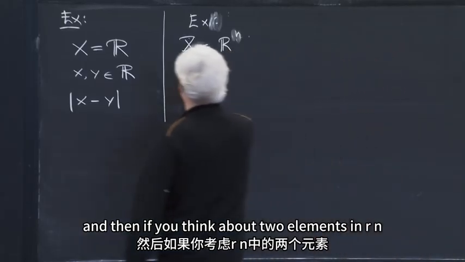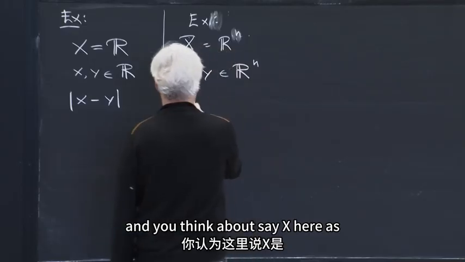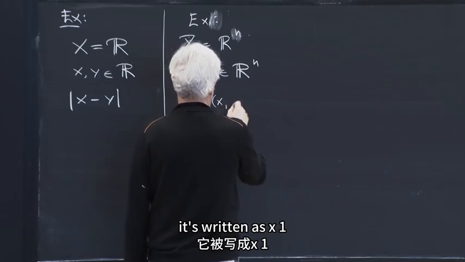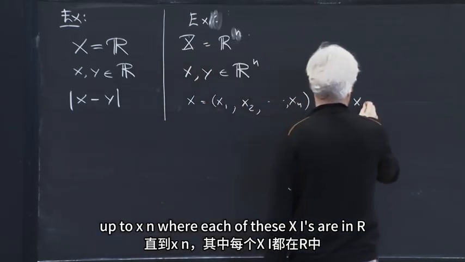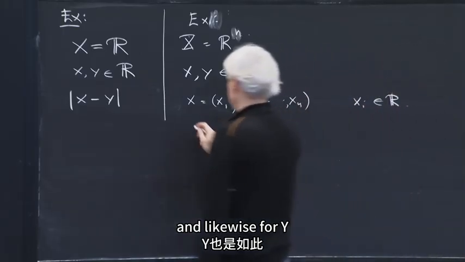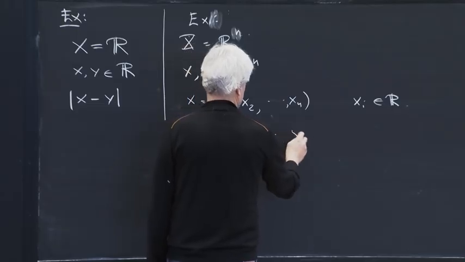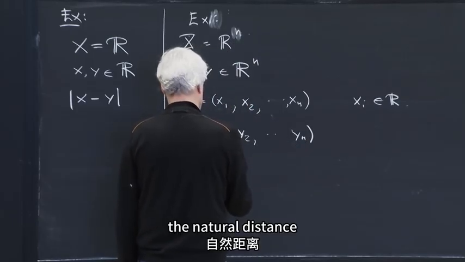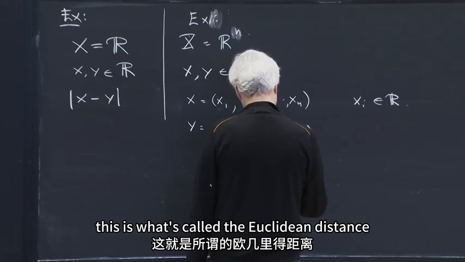If you think about two elements in Rn, say x is written as x1, x2, up to xn, where each of these xi's are in R, and there are n many of them, and likewise for y, then the natural distance is what's called the Euclidean distance.